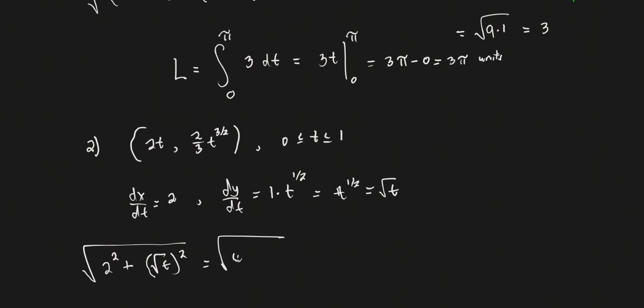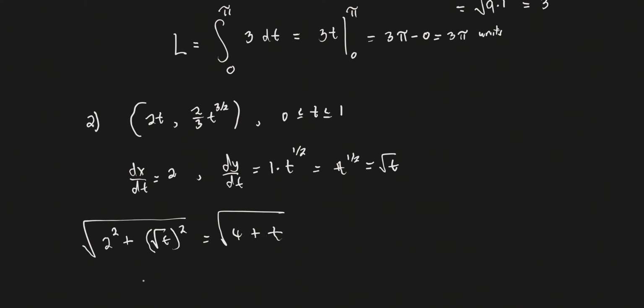So we have the constant 4, and the square of the square root means we're just left with t. And it turns out this cannot be simplified anymore, right? There is no property of roots that allows me in general to take the root of a sum. So we're kind of stuck, and there is no nice simplification. So this is what we're going to have to integrate.